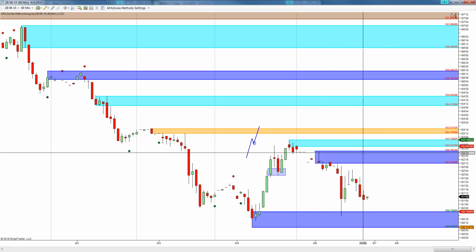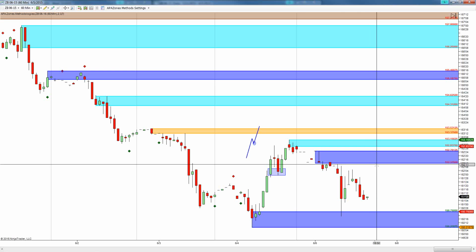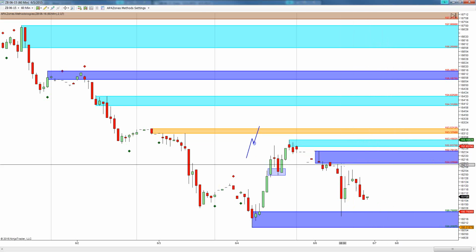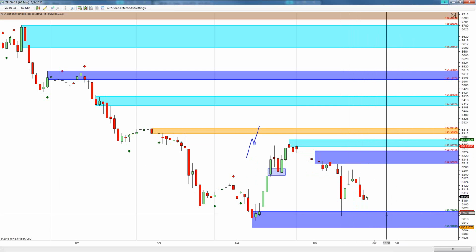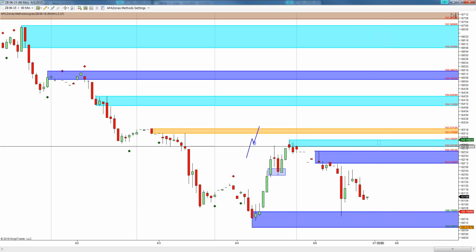I'm going to be looking for those type of levels, and as we retest the 152, 153 area, I'm going to see what happens at those areas to hopefully be a seller somewhere in there. That's what I would be looking at in general.